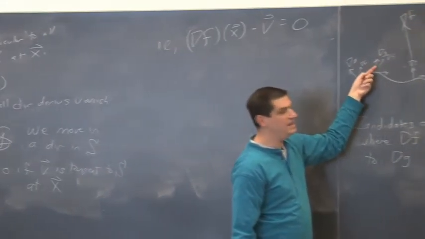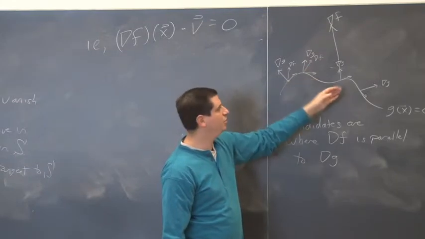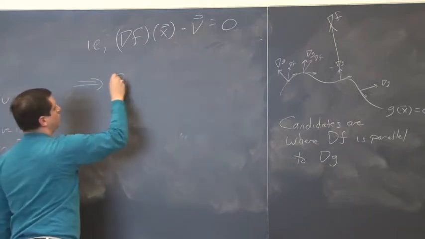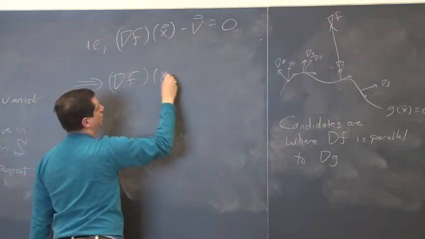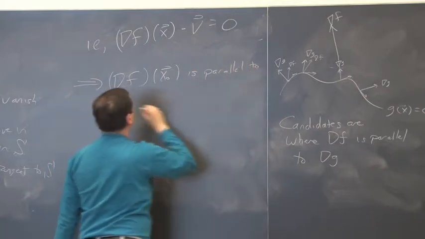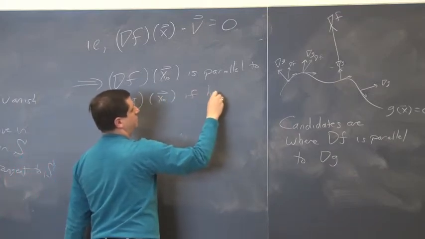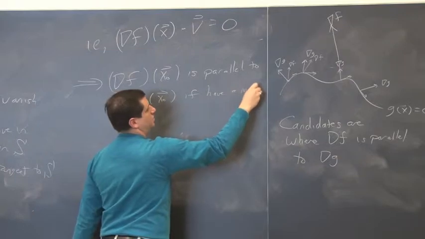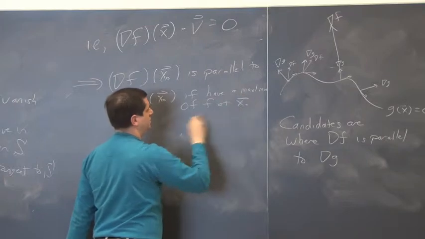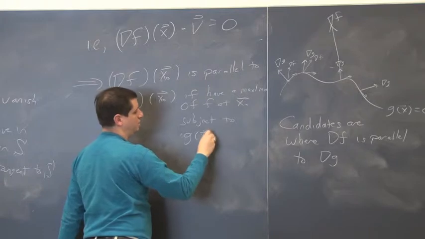If the gradient of f had anything in the direction of the tangent, we wouldn't be at a maximum or minimum. We'd keep flowing. The gradient of f has to align with the gradient of g. Therefore, grad f at x naught is parallel to grad g at x naught if we have a max or min of f at x naught subject to g of x naught equals c.